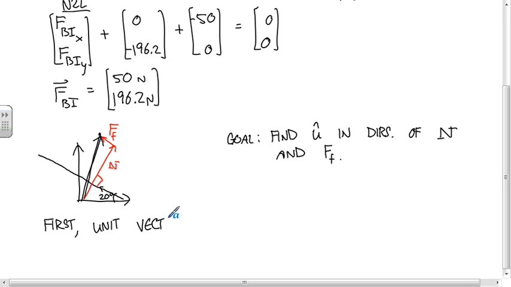So first I want a unit vector in this direction, okay? I'm going to do it in 2 steps.